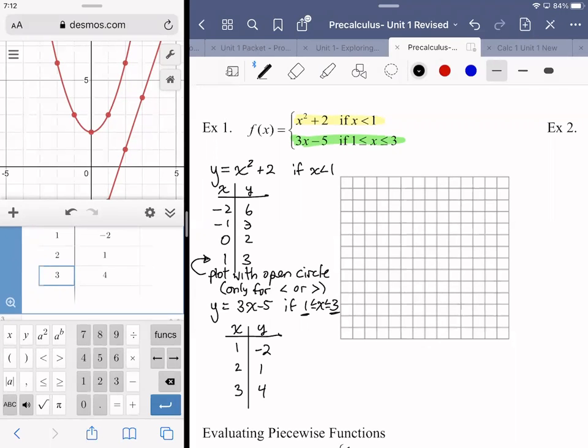So these are reasonable values. I won't need to scale the graph here. So I'm gonna put my x and y axes in. Label them up. So I'm gonna plot -2, 6.